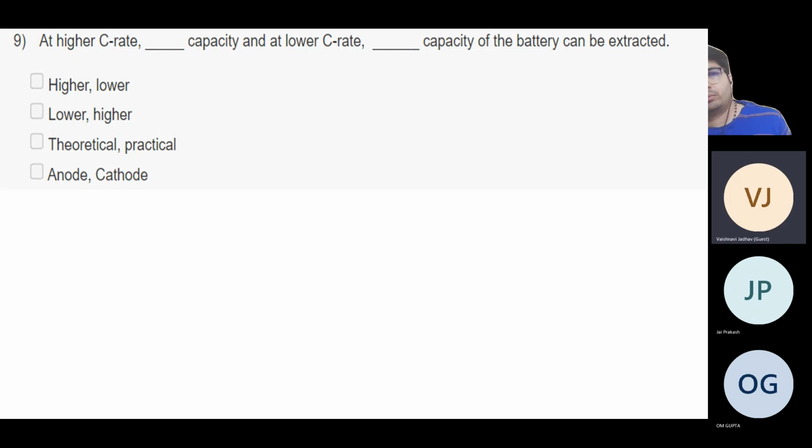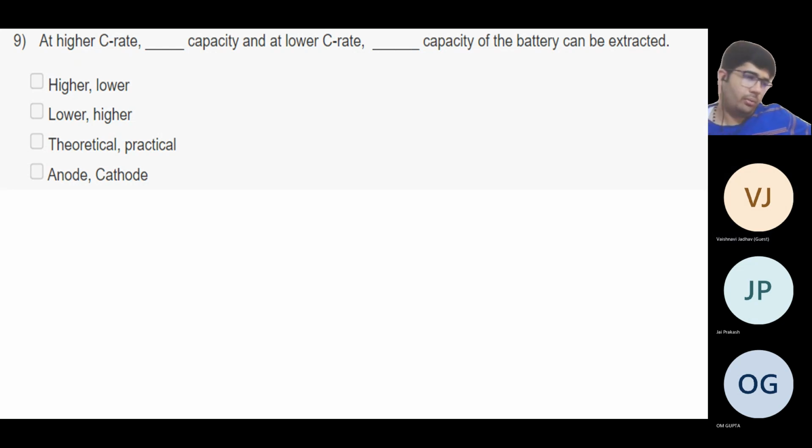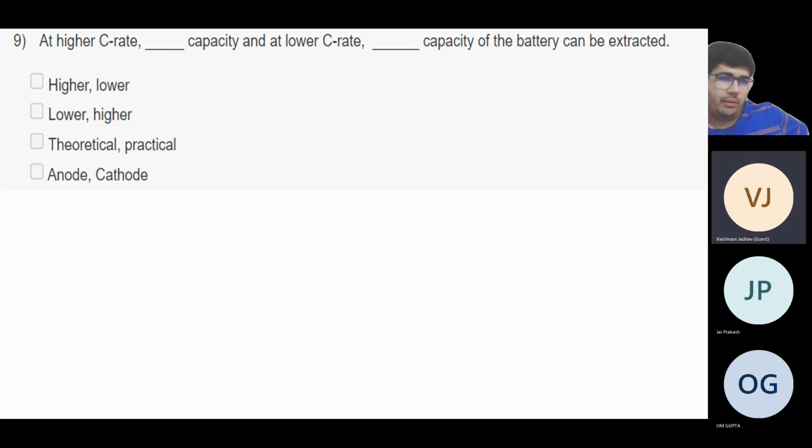But sir, capacity is the total charge in the cell, no? Yeah, total charge in the cell, but C rate is also defining the timeline, like how fast or how slow you are using that capacity.